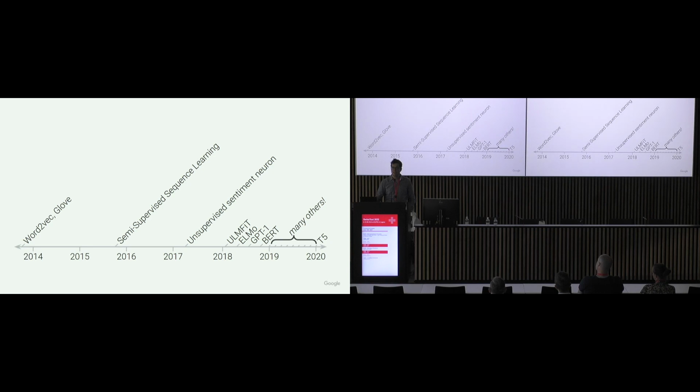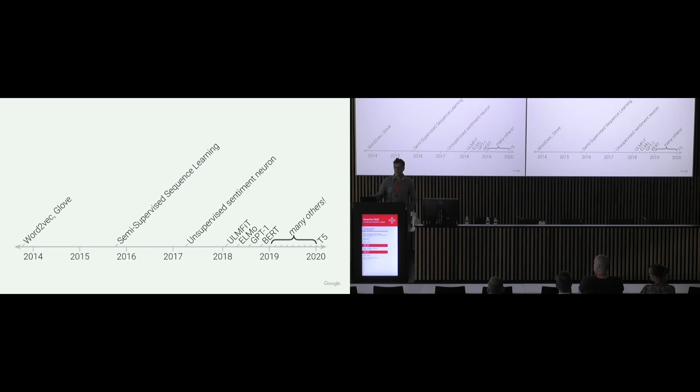There is this example, semi-supervised sequence learning, which is one of the first examples where they proposed to do this unsupervised pre-training. They produced good results, but the idea didn't really catch on yet. It needed 1.5 more years until the unsupervised sentiment neuron paper came out, where they also did unsupervised pre-training and showed that it led to good results on sentiment analysis.